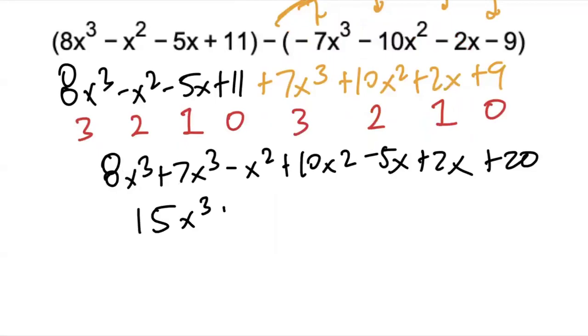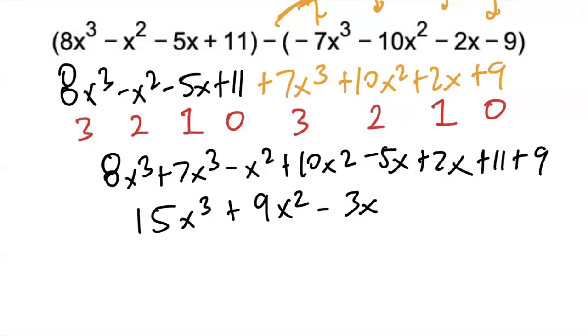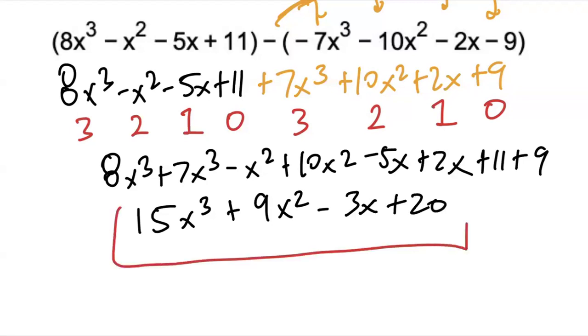Sorry, -x squared plus 10x squared is positive 9x squared. -5x plus 2x is -3x. And then, oh, I accidentally combined the 20 and the 11. That would give us 20 when we combine. So then our final answer is 15x cubed plus 9x squared minus 3x plus 20. And that would be your answer for the last two problems.